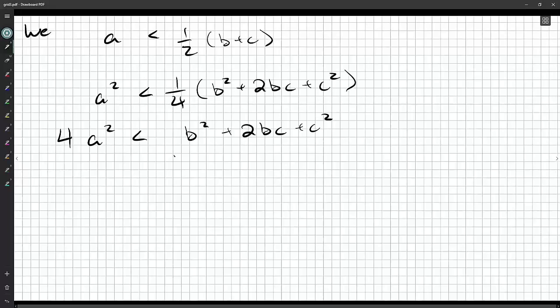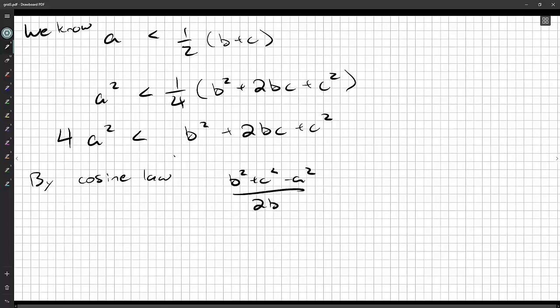So I'll say something like, we know this by cosine law. We know that b squared plus c squared minus a squared over 2bc equals cos of angle A, which is always less than or equal to 1.